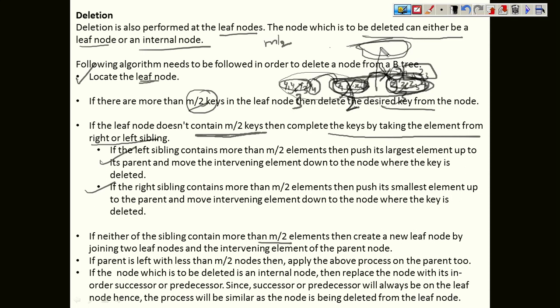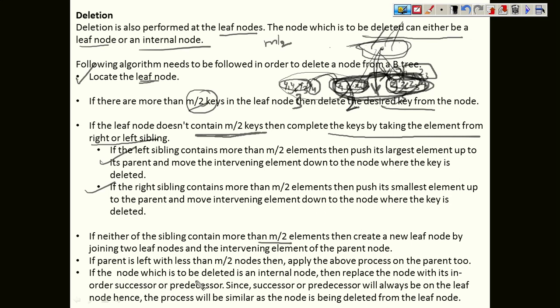You bring down the key value which separates these two nodes and combine them into one. This is one possibility. But again, if the parent itself contains the minimum number of keys and is not in a position to provide a key to allow them to join, then it has to again apply to its own parent. This keeps on moving in such a fashion that it will acquire help from the parents if this is not going to balance.